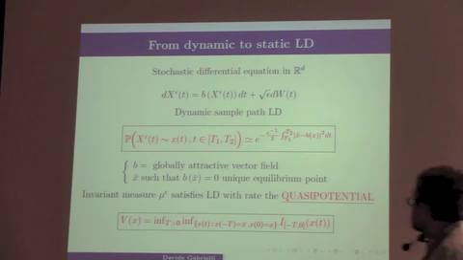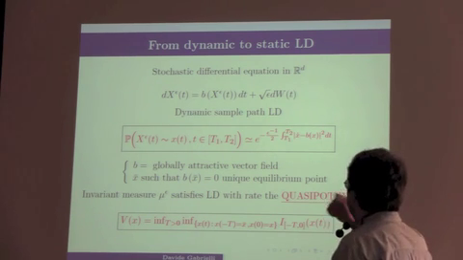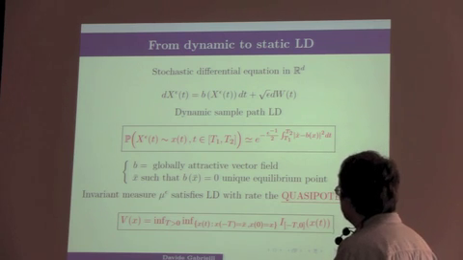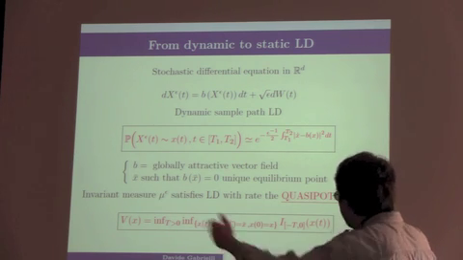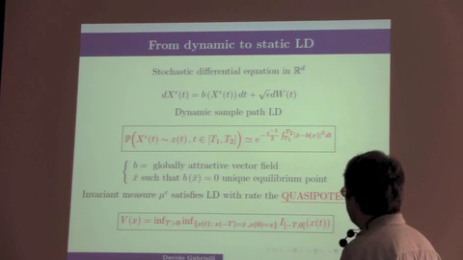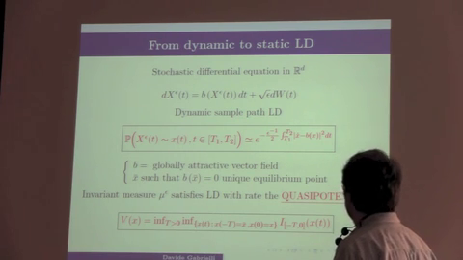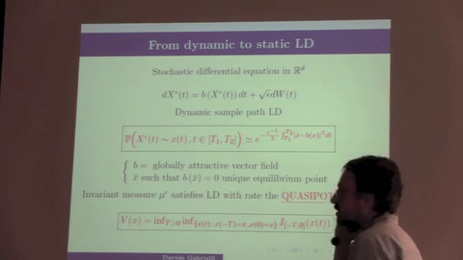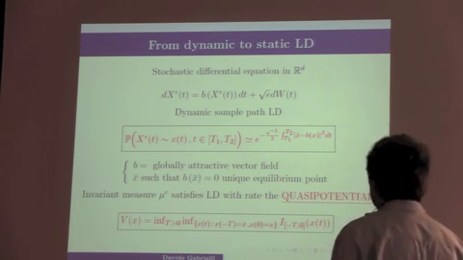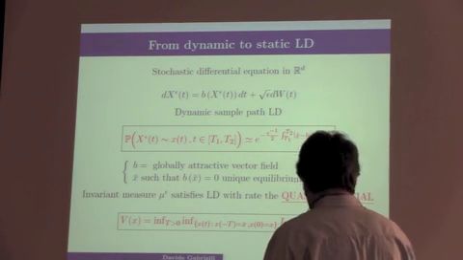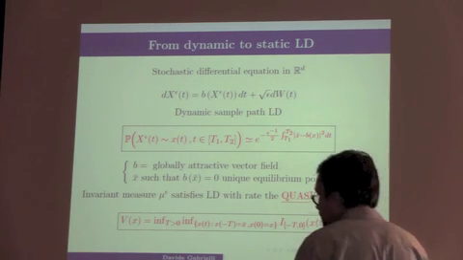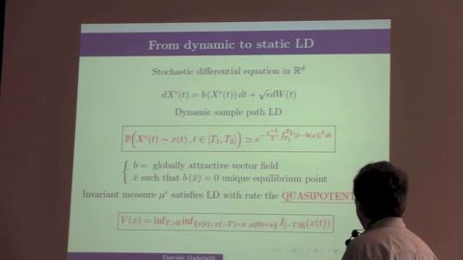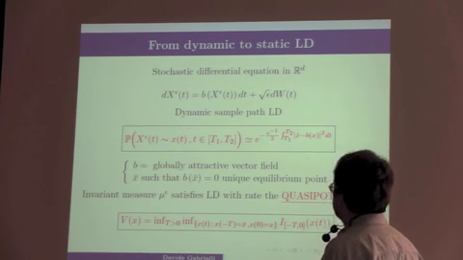Then what happens in the special case when B is a globally attractive vector field, so it has a unique equilibrium point, and starting from any point you converge to this unique equilibrium point? Then the invariant measure for this stochastic differential equation satisfies a large deviation principle also, in the parameter epsilon, and the rate function is called the quasipotential.